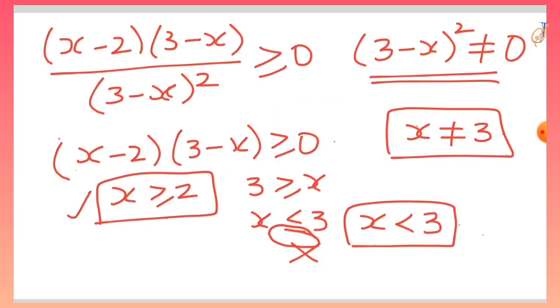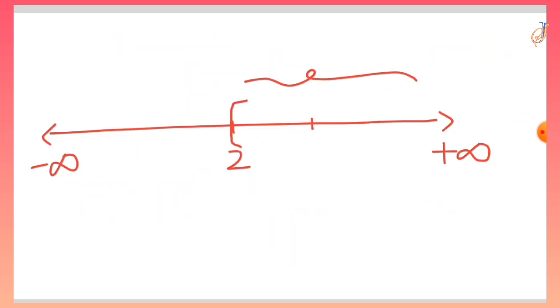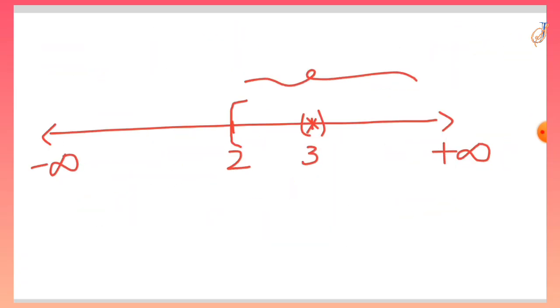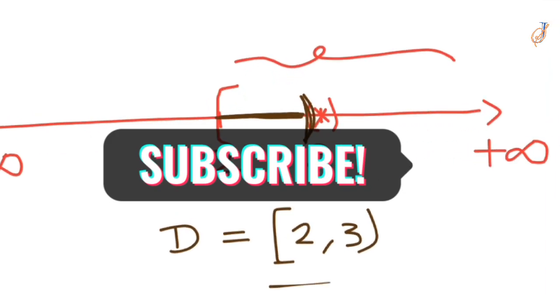Then x cannot be 3, so you should not take this. And then the third condition is x less than 3. Less than 3 means from here to here you have to take only the in-between interval. So the domain is going to be closed bracket 2, 3. So this is the domain of this function.